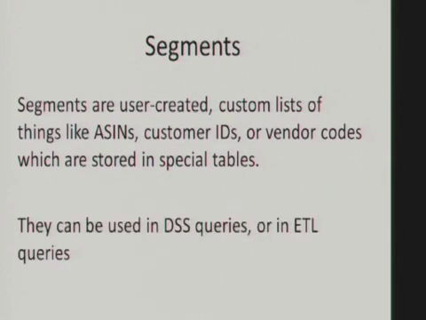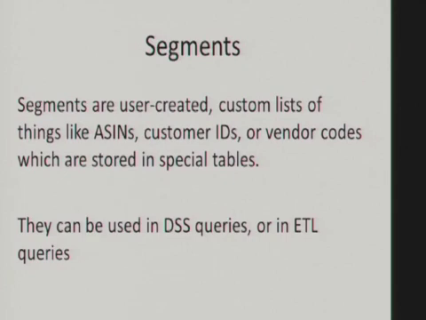Anybody that's used DSS with these knows that you go to a special folder, find the folder with your name, then the month, and then the segment you created, and you can drag it in as a filter. But you can also use them in ETL queries, because behind the scenes it's adding rows to a table.